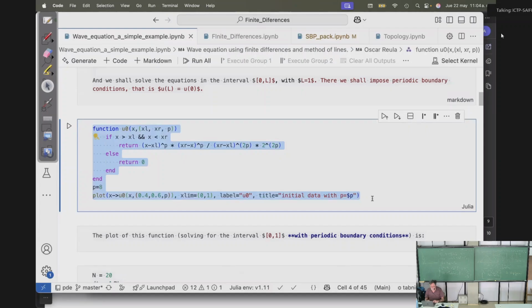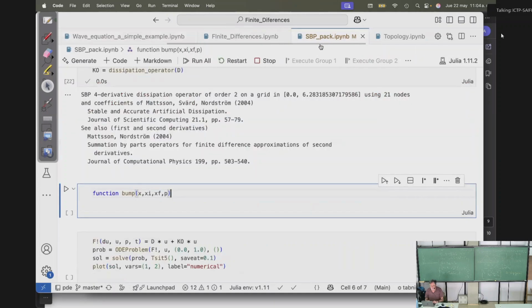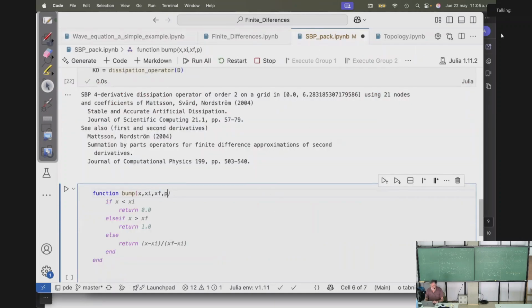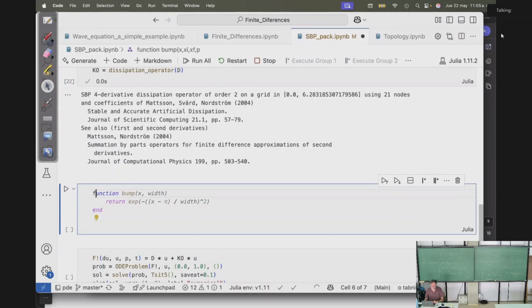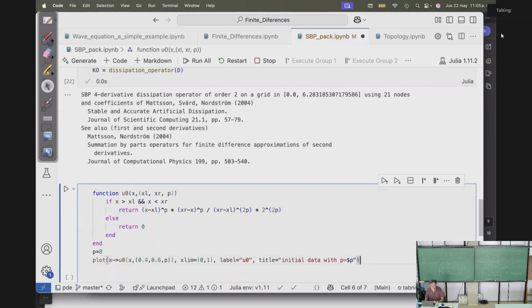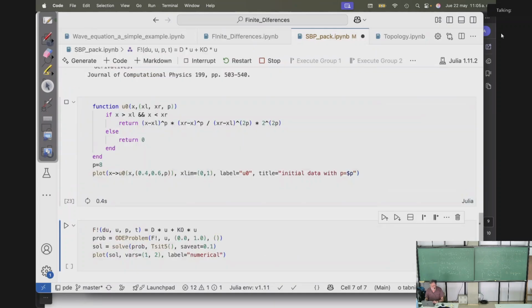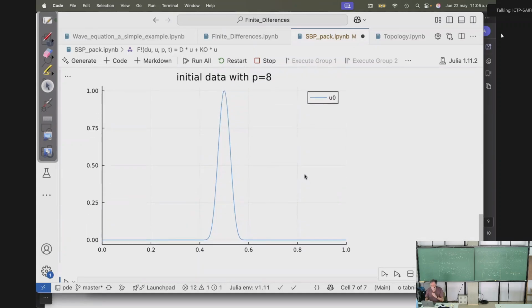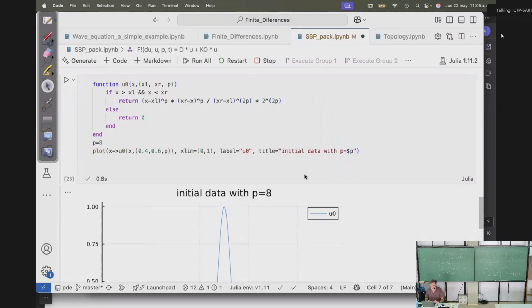Here we have the bump function to make initial data. So we have the bump function.